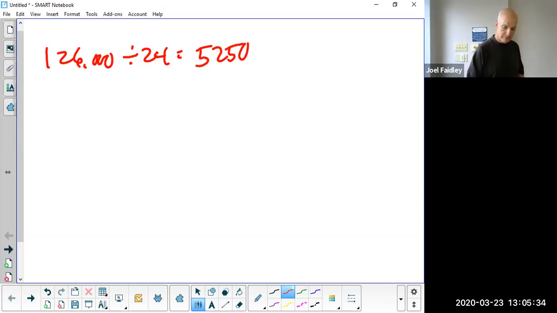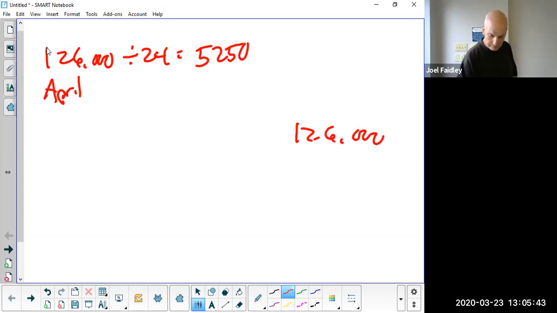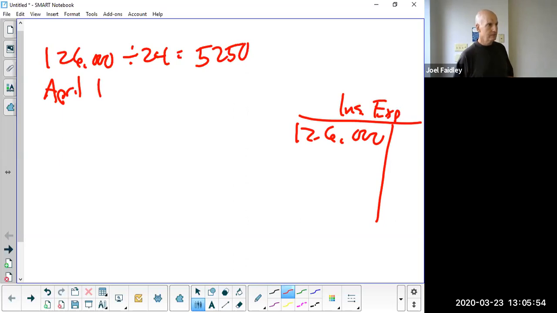So what journal entry do we need to make? Said it was April 1. And see, all of this, the entire 126, is sitting there as insurance expense. All right, so if it's April 1, then we have 9 months of actual expense. So 9 times $5,250 is $47,250, if I read that right.